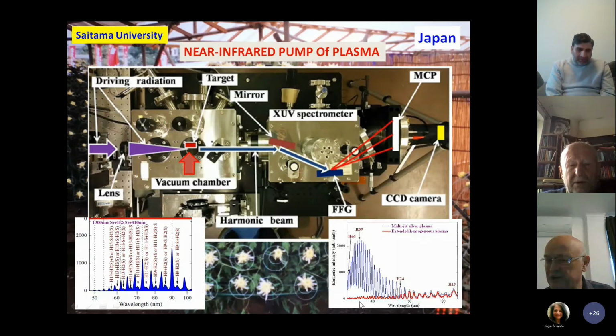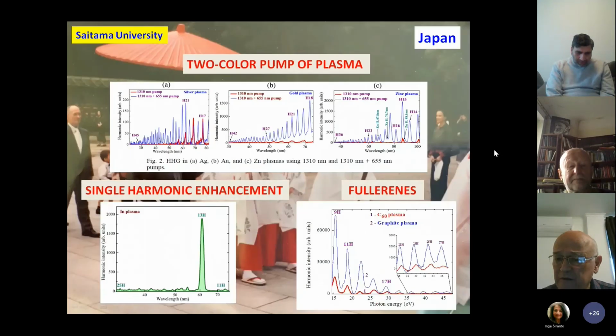Probably you know that there are no coherent sources in the XUV range, apart from a few X-ray lasers, but this method allows creation of tunable sources of harmonics in this spectral range.